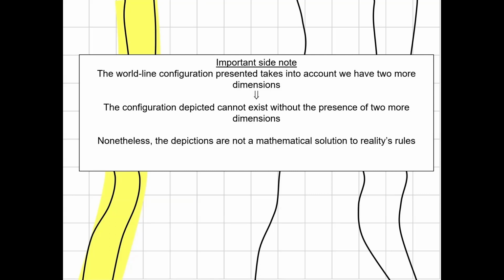But nonetheless, the depictions are not a mathematical solution to reality's rules. So this is not a specific solution to the rules that we are in the process of describing. It is a representation of the concept. So this exact specific depiction may not be a viable solution, but it represents the concept of world lines and what they can do.